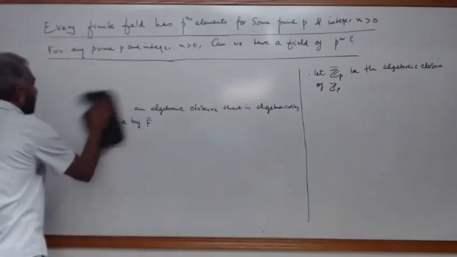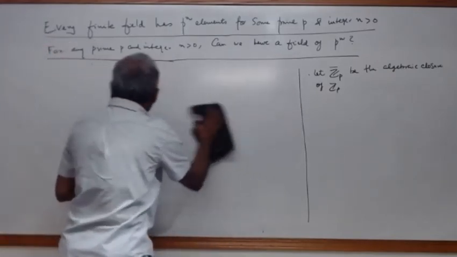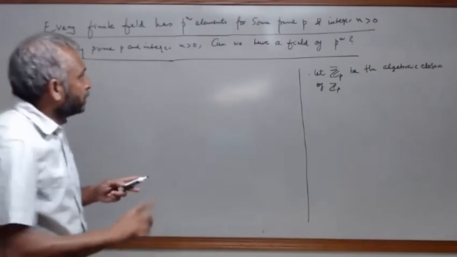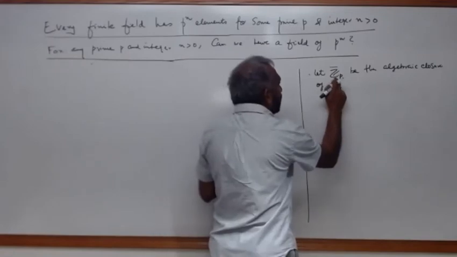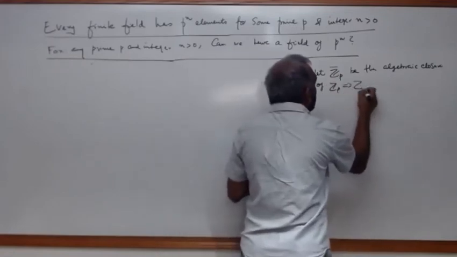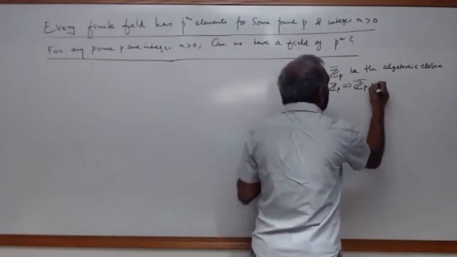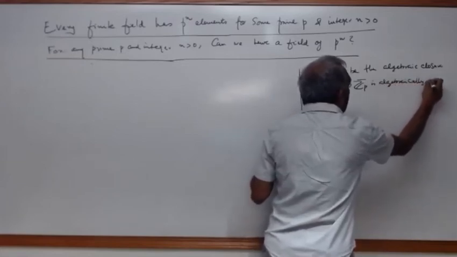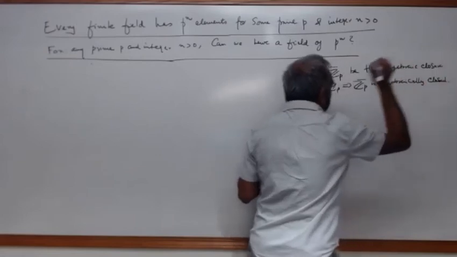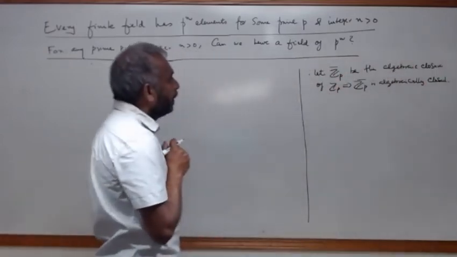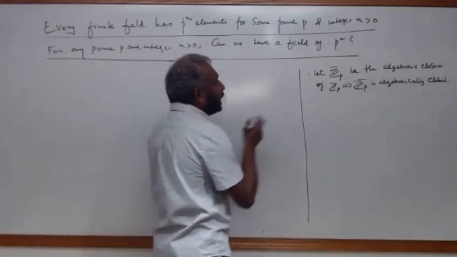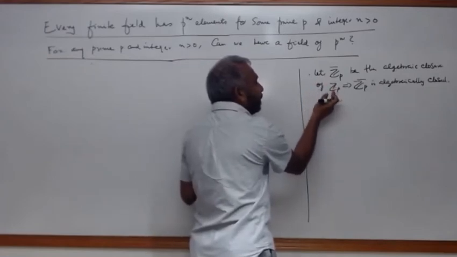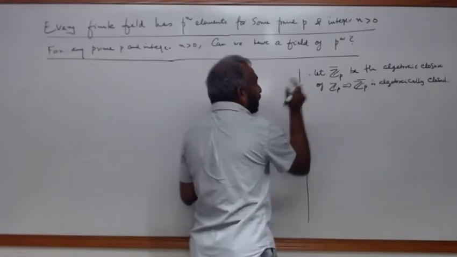So like that, ZP has an algebraic closure. So that means ZP bar is algebraically closed. Meaning every polynomial in here in ZP has a 0 in here.